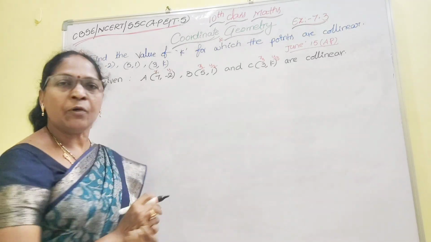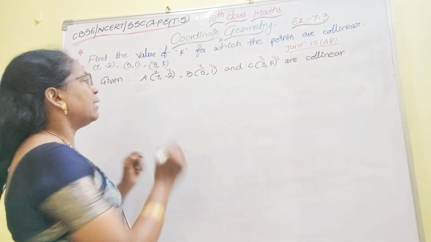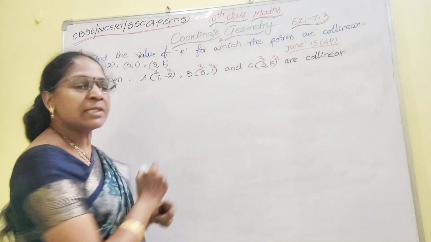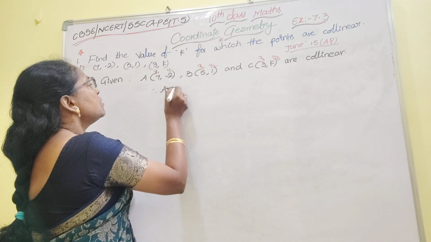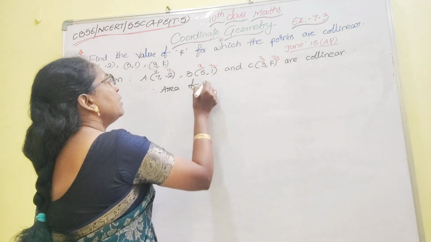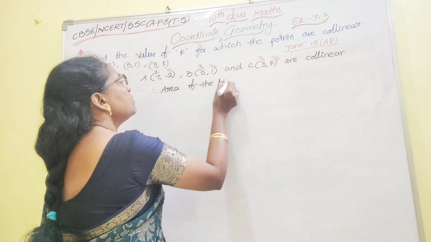How can you find out? By using area of the triangle. First, whenever these 3 points are collinear, therefore area of the triangle equal to 0.